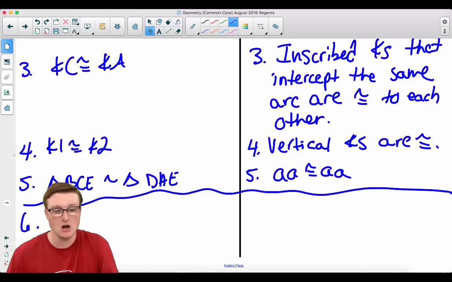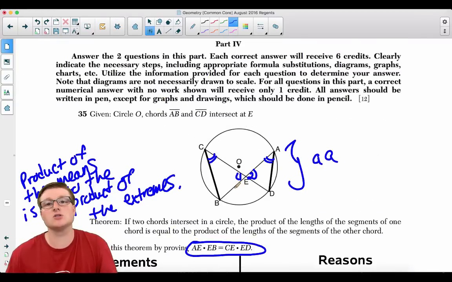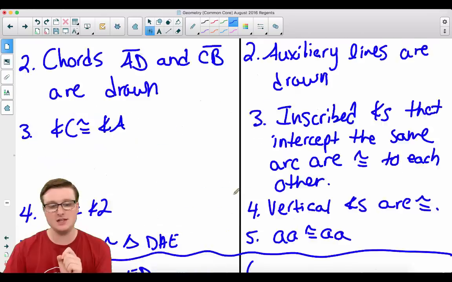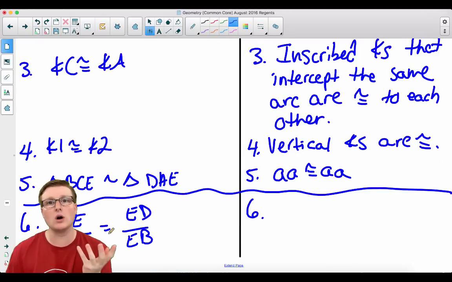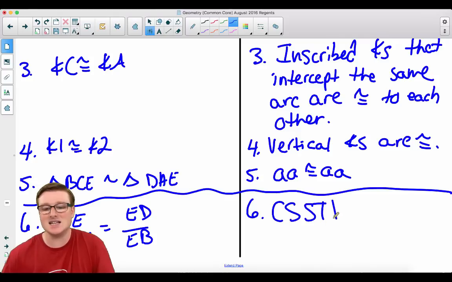So number 6, we are now going to say that AE over CE is equal to ED over EB. And the reason why I'm saying this is like, where did that come from? The reason why I'm saying this is that these two triangles are similar. And that's a ratio. This right here, this is a ratio, or it's also a proportion. Ratios are proportions. So I'm going to say CSSTP.